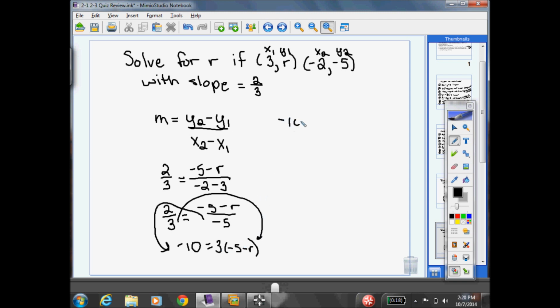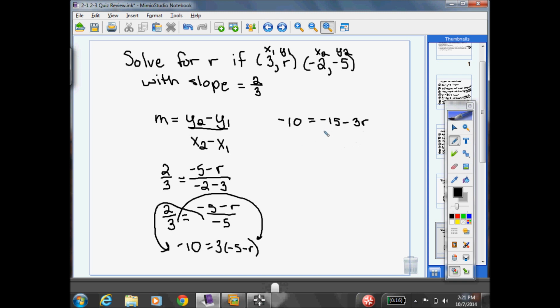If I have -10 on this side, when you distribute, what do you get over here? -15 minus 3r, absolutely.